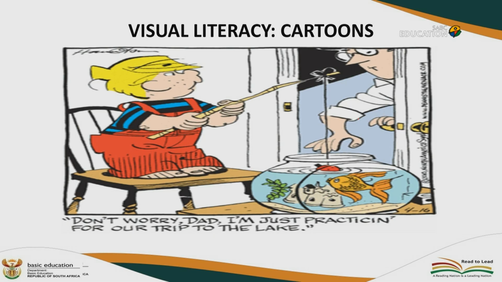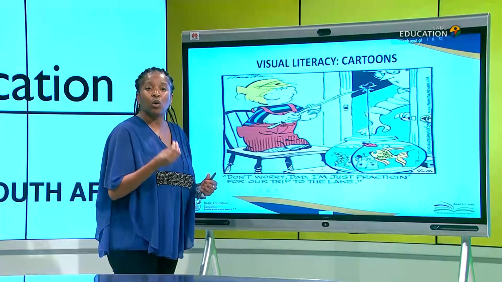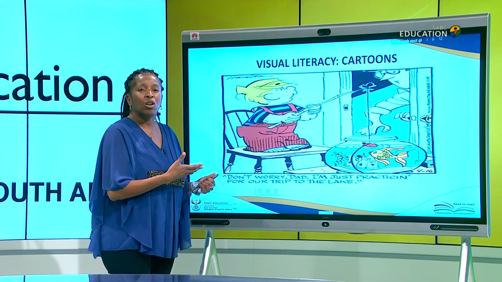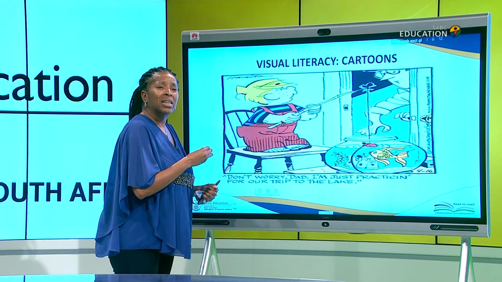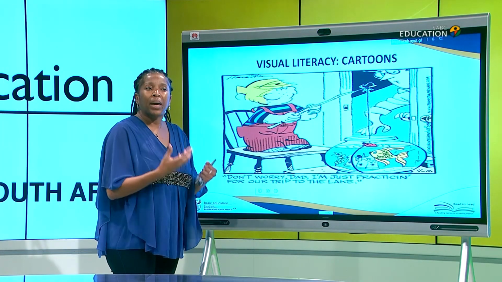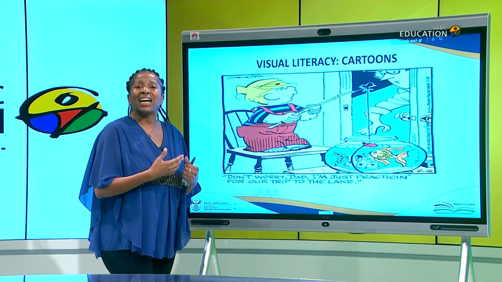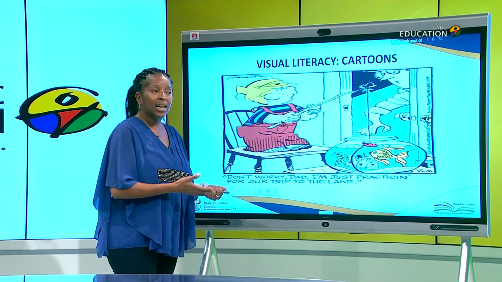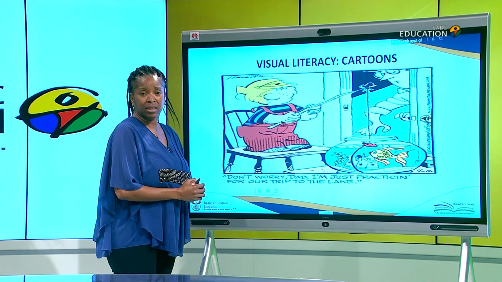The next strategy is to ask yourself, can you identify what the purpose of this text is? Remember that people who write these texts have a purpose. Can you identify the main theme? Can you identify the main ideas within a particular text?